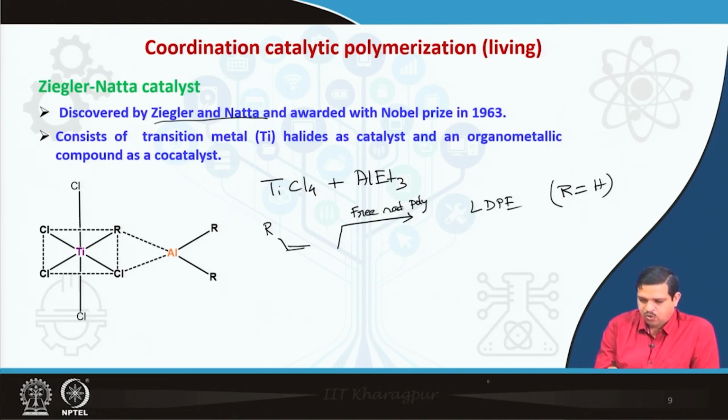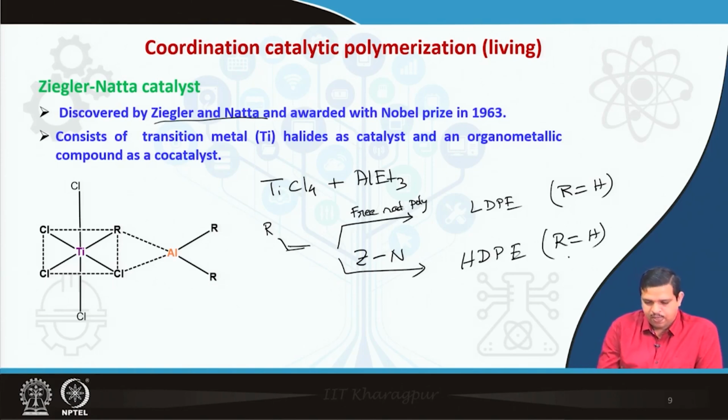But when you do it with the Ziegler-Natta catalyst, okay, I am just writing ZN, meaning Ziegler-Natta catalyst, you will get the high density polyethylene when R is equal to H.